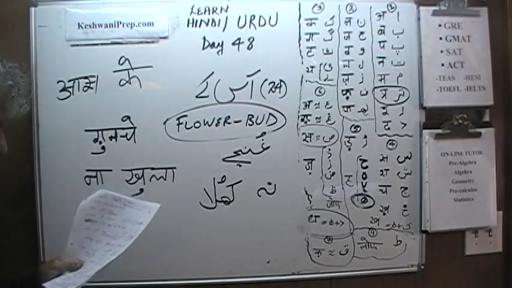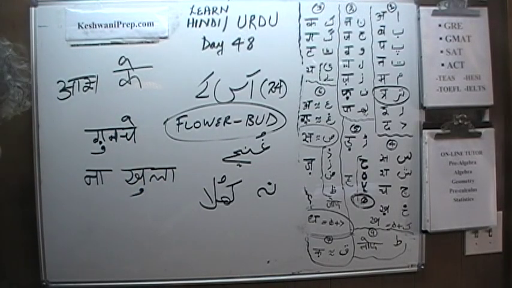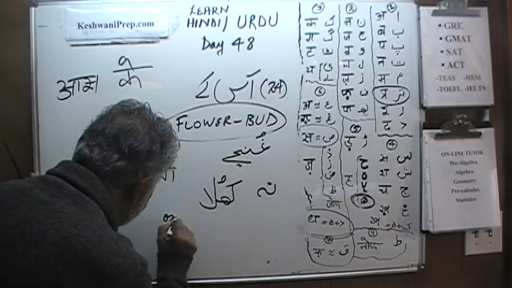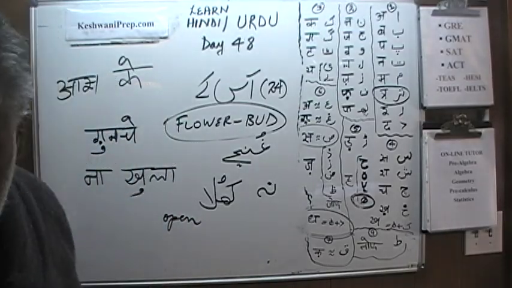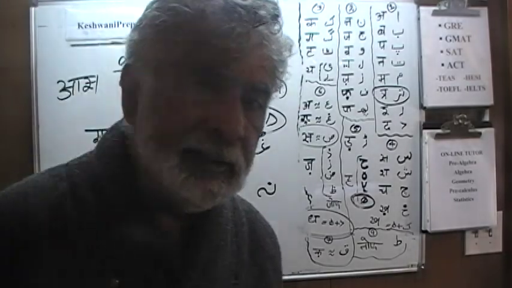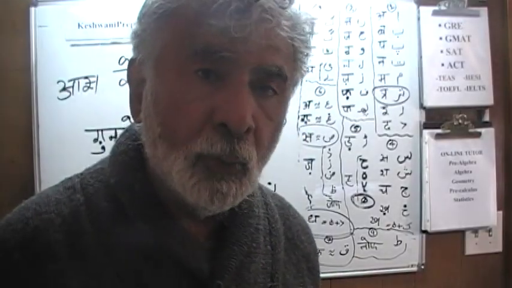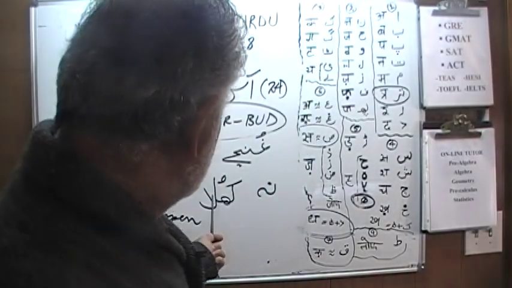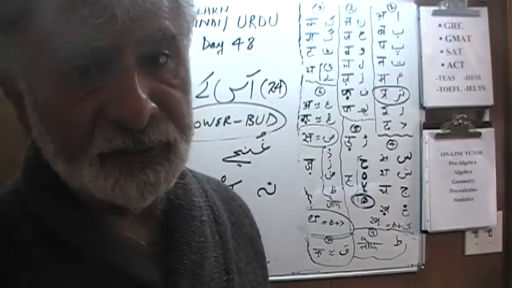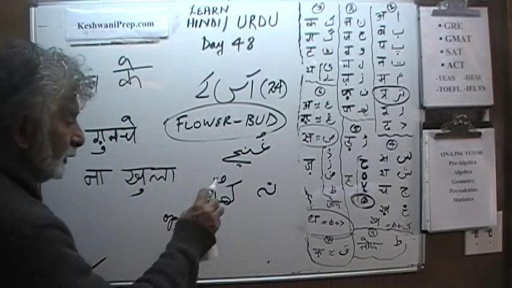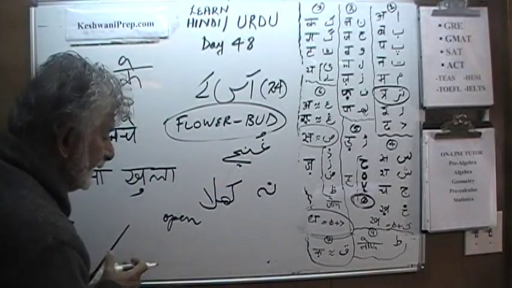Pay attention, okay? Pay very close attention. It reads khula. Khula means open. Kholna, khula. The word that we need here is not khula. The word we need here is the same letters but a different matra. We don't need u ki matra, we need I ki matra.